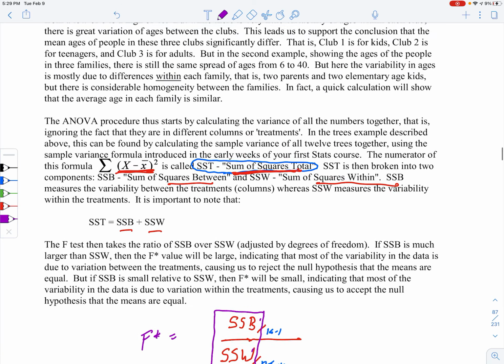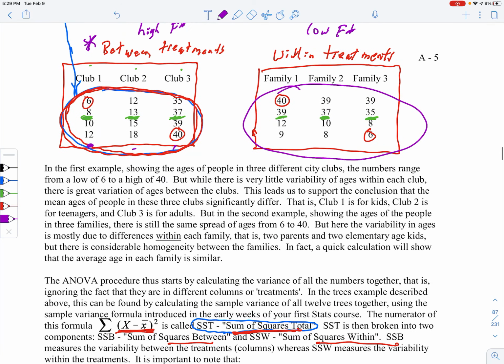Now, what happens here? If you take a look at this example with the clubs, you're going to see that the means are really different. The sample mean here is somewhere around 9. This is somewhere around, I think, 13.5 or something. This is around 38 or something. There's a big difference between these.